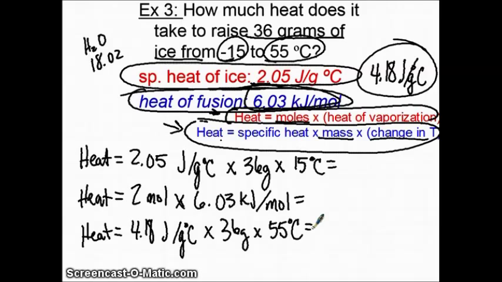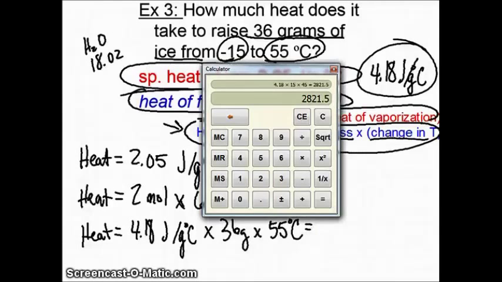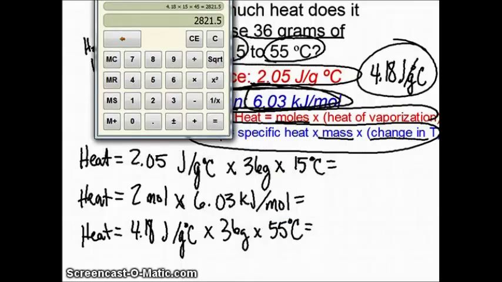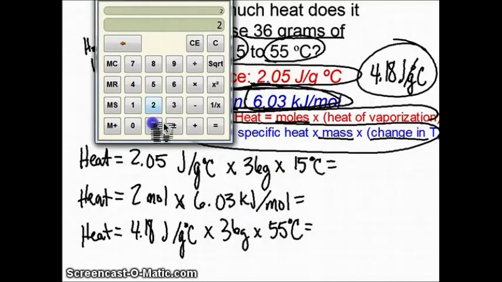So now we're going to have to plug these in the calculator and figure them out. Make sure that you're keeping your kilojoules separate from your joules, and then we're going to have to do some rearranging there. So, get my calculator out. We have 2.05 times 36 times 15 equals, using 2 sig figs, 1,100, and those will cancel, joules.